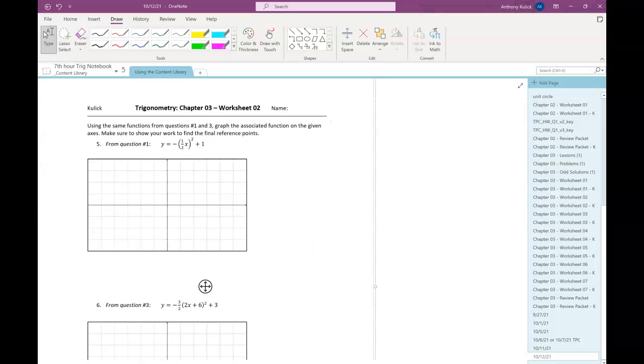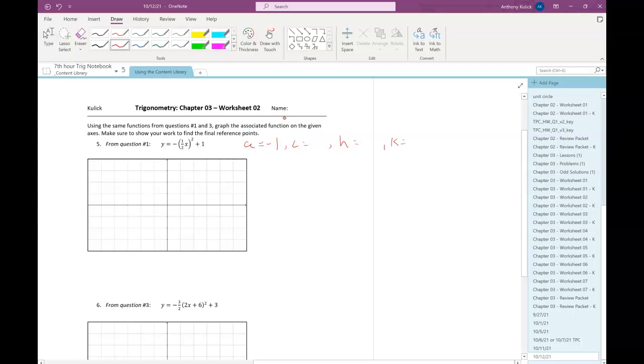All right, so what I'm going to do is first start by identifying the values for A, C, H, and K. So in this problem, A is -1. We good there?